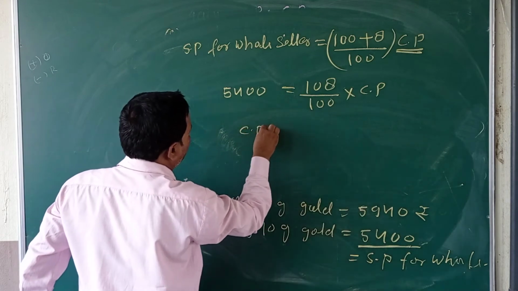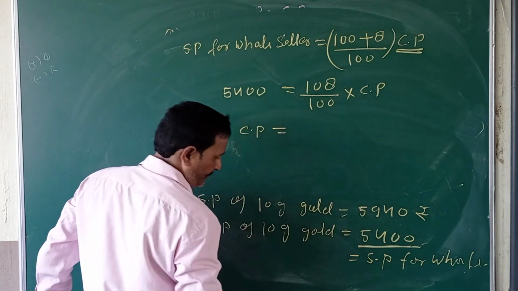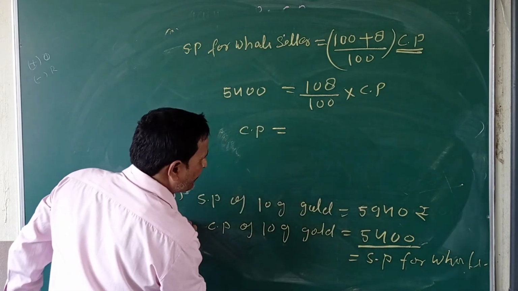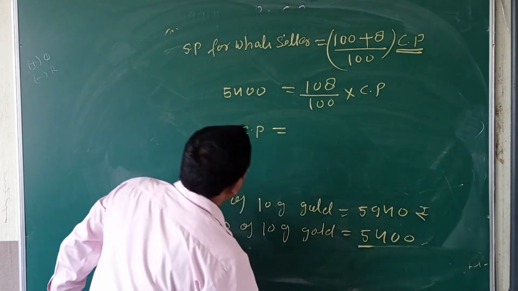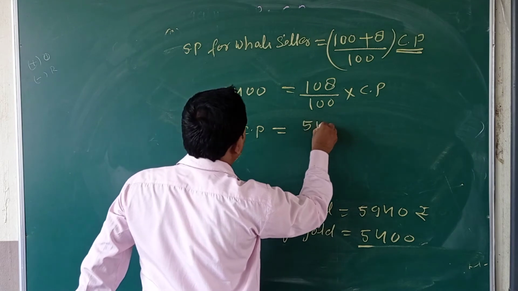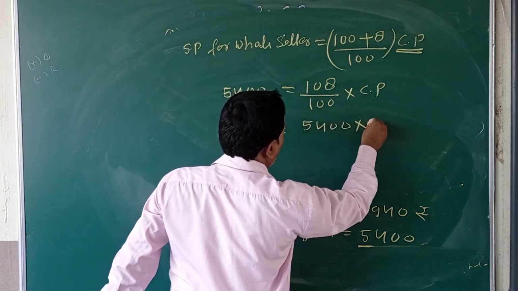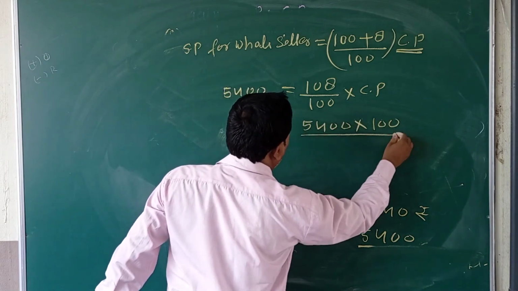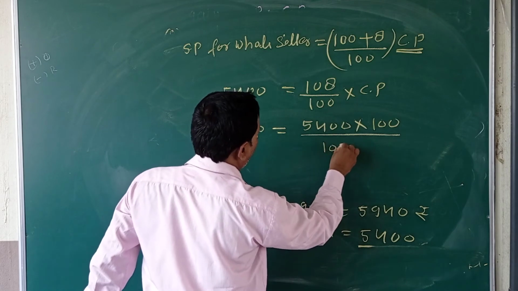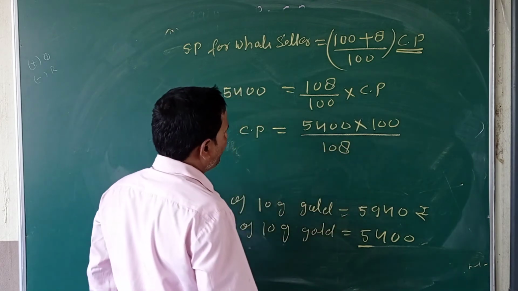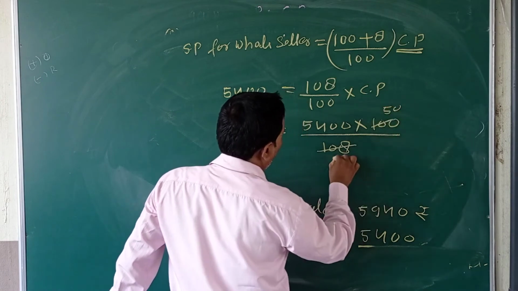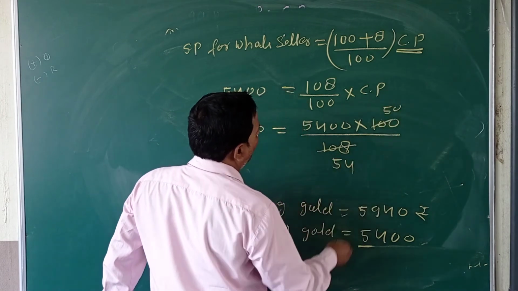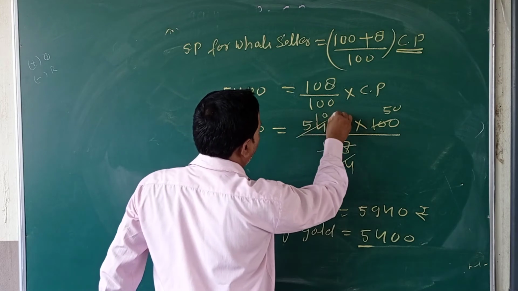Then CP is equal to 5400 into 100 upon 108. 2 times 15, 54, 1 times 100.